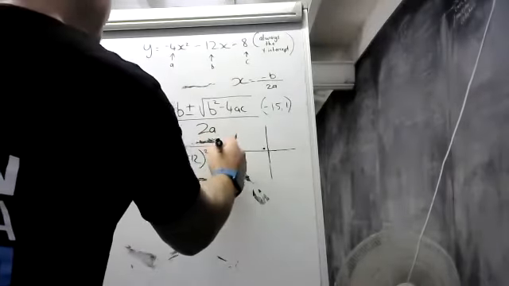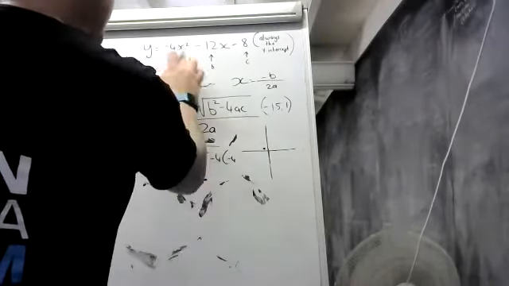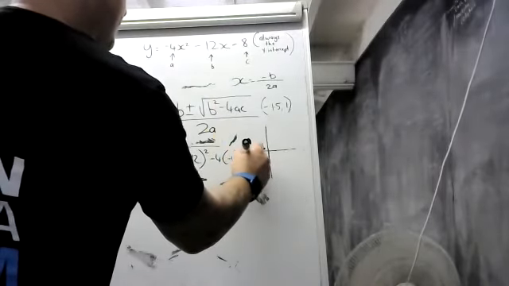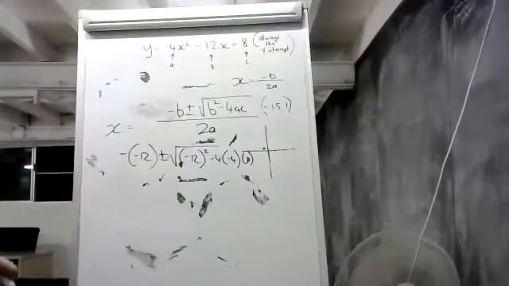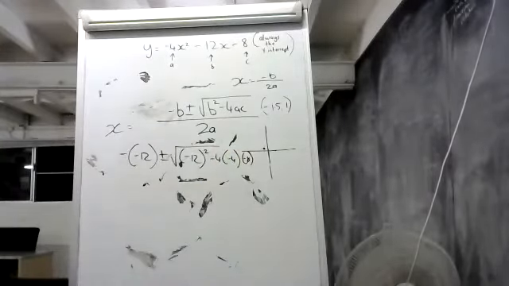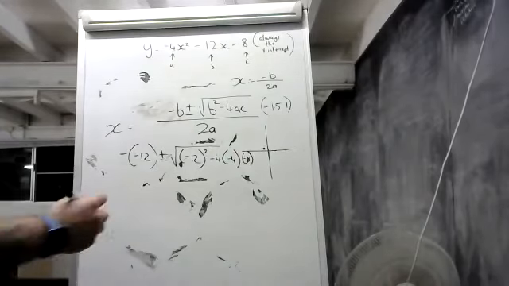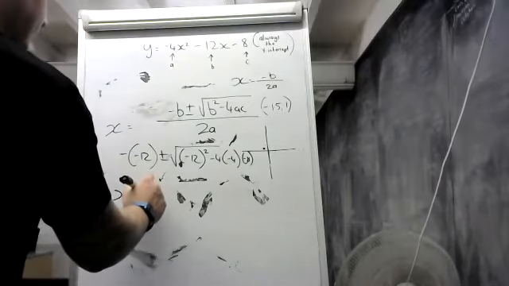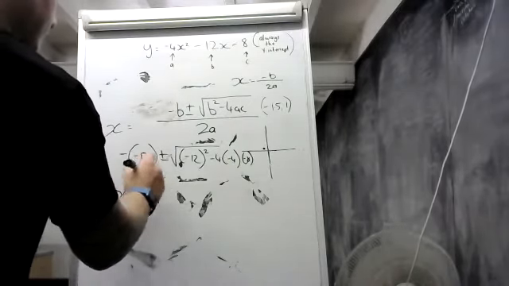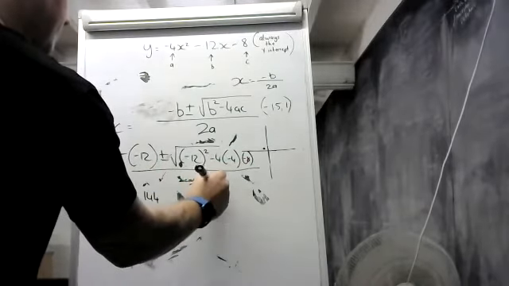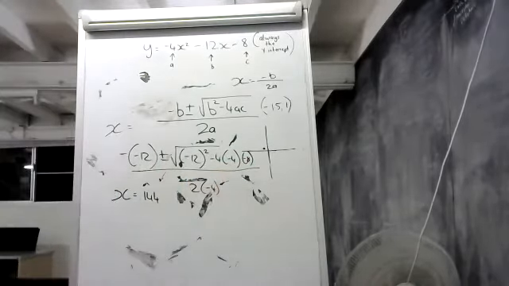And then we've got minus 4 is A, minus 8 is C. So we have 144.